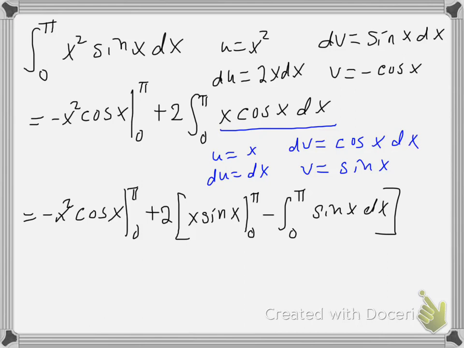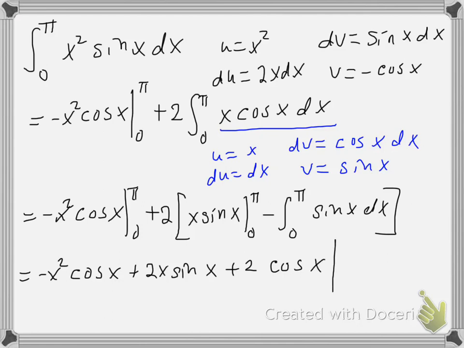Now, of course, the antiderivative of sine is negative cosine. So I'm going to write everything together now. This is now going to be equal to negative x squared cosine x plus 2x sine of x plus 2 cosine of x. I'm evaluating everything between 0 and pi.